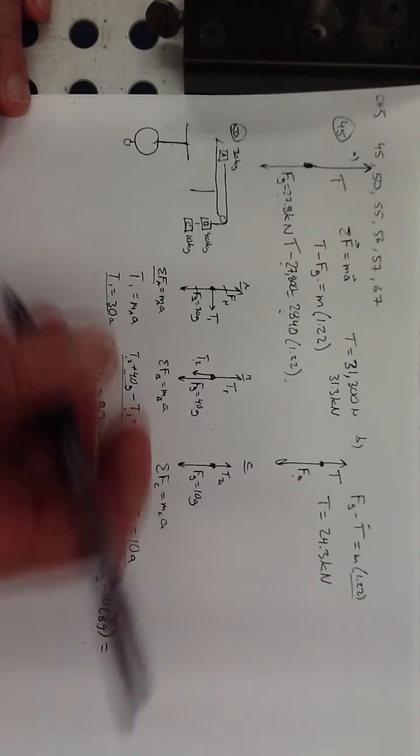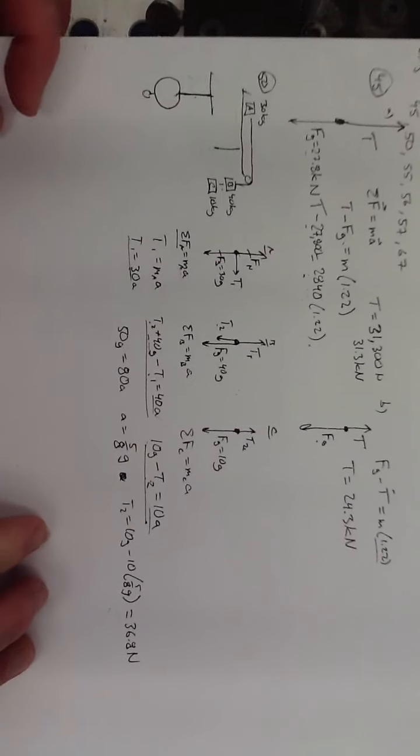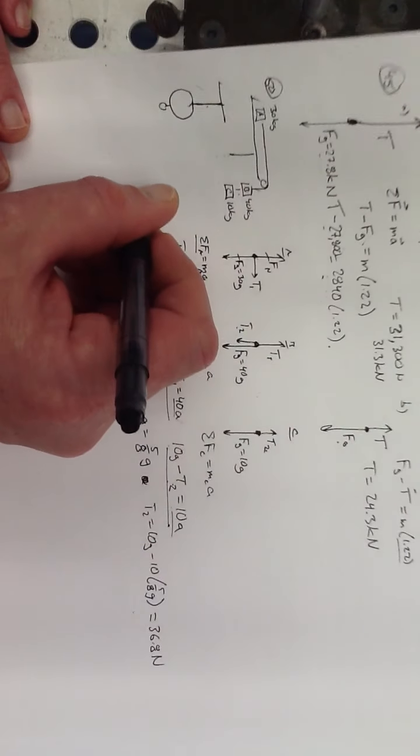I'm getting, let's see, how many sig figs did they give us here? Oh, I guess I'll call that 36.8 newtons there. And that's part A.